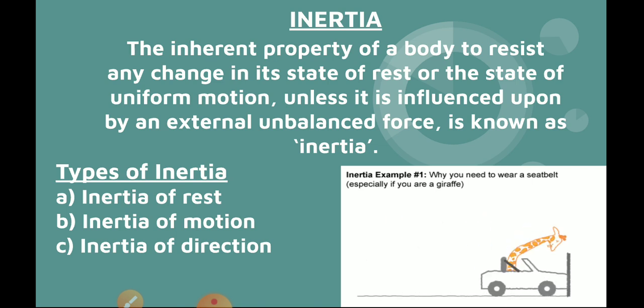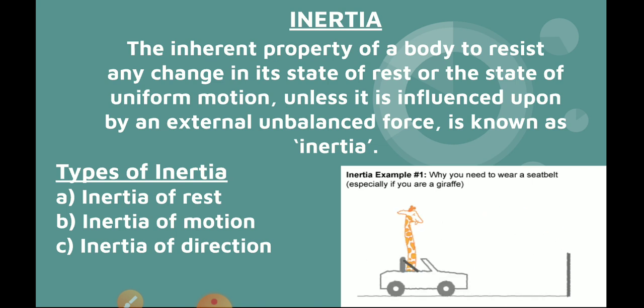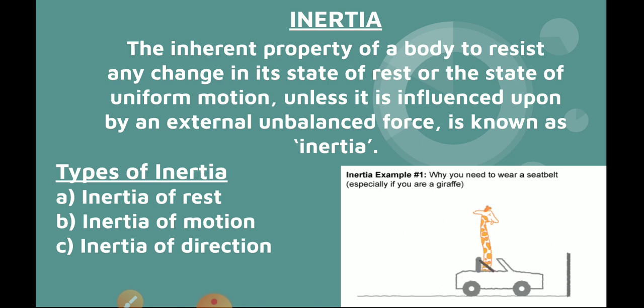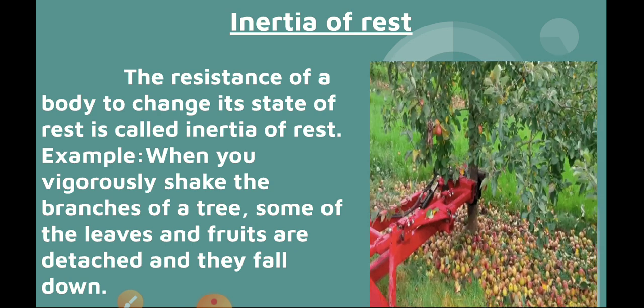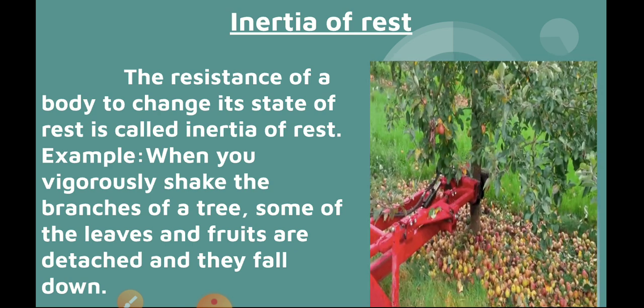This is called inertia. It's resisting that movement, but still there is motion. Types of inertia: there are three types, inertia of rest, inertia of motion, and inertia of direction. The first we are going to discuss is inertia of rest.